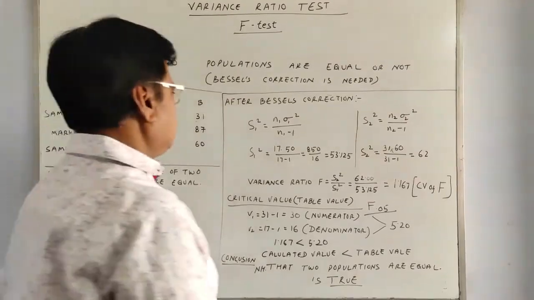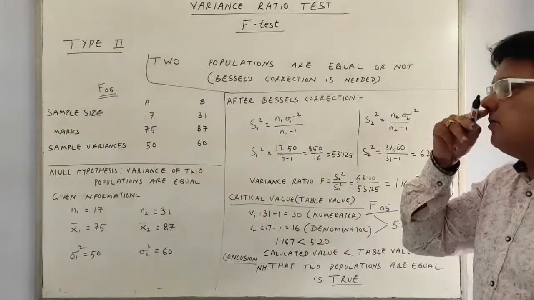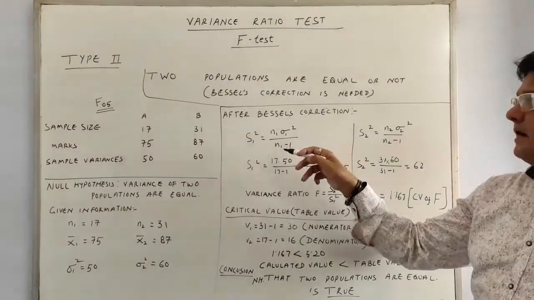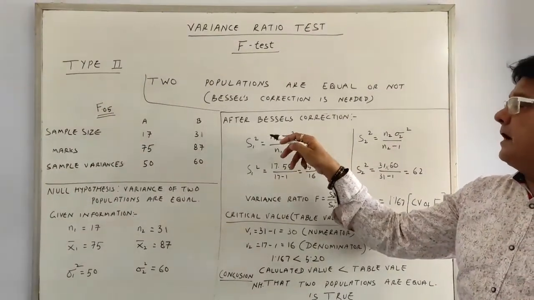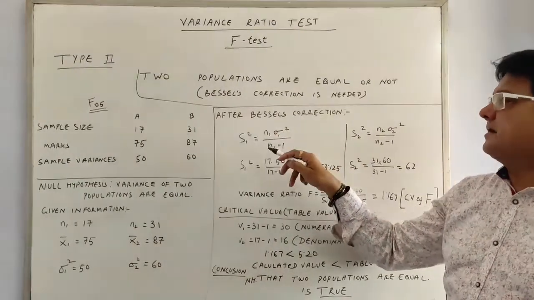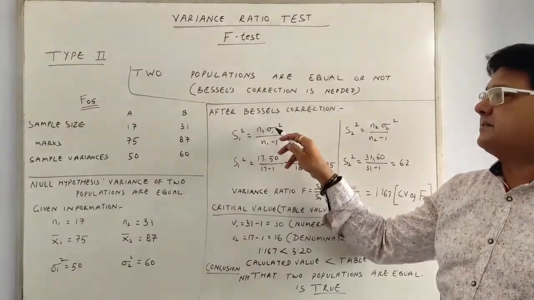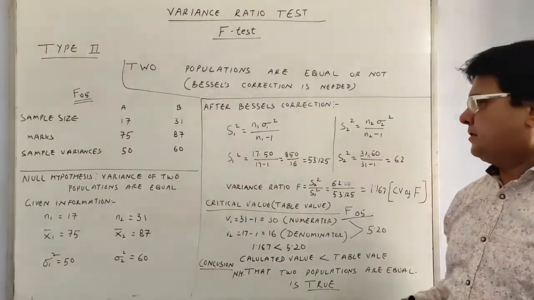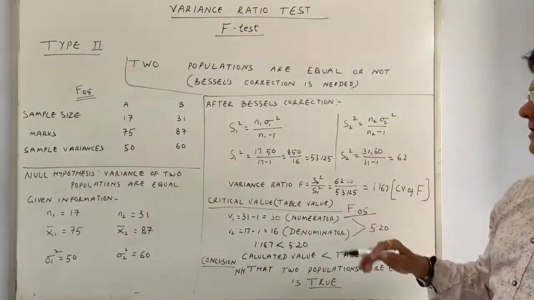So Bessel's correction we need to do. What we do is divide by n minus 1 and multiply by n. That itself will correct the difference between S and the standard deviation.